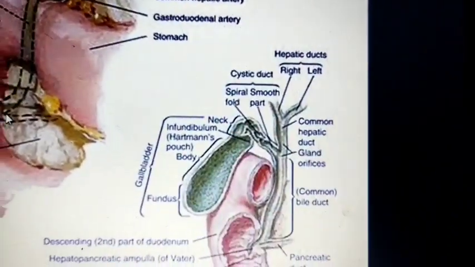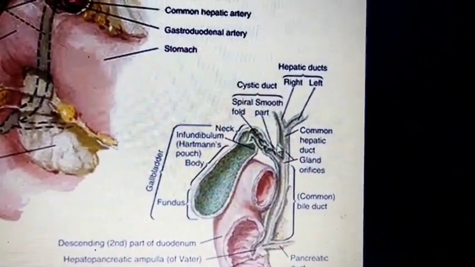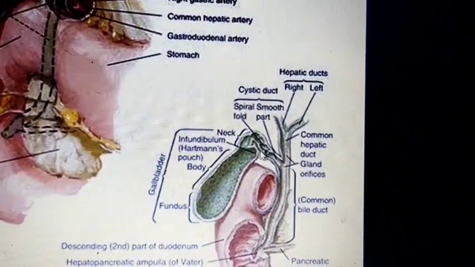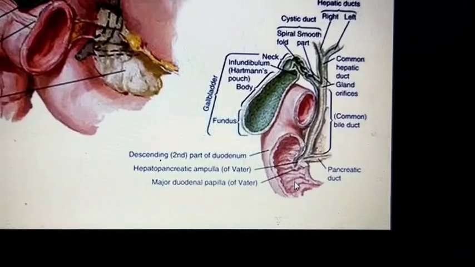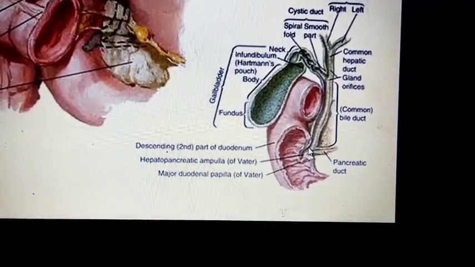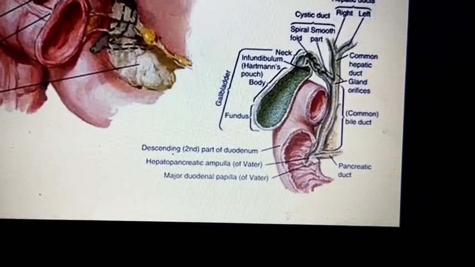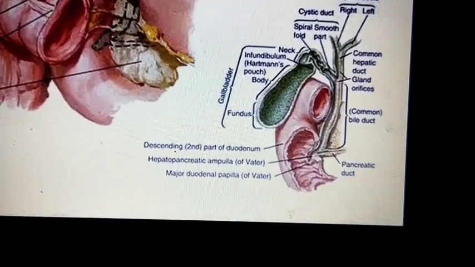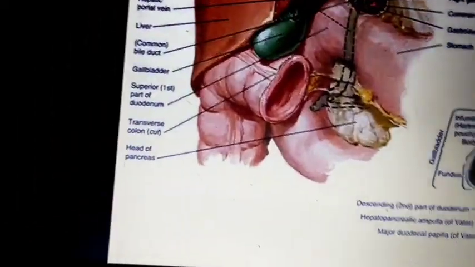You can see in this picture also, the right and left hepatic ducts, common hepatic duct, cystic duct, common bile duct and pancreatic duct join together to form the hepatopancreatic ampulla, or ampulla of Vater, which opens into the major papilla in the second part of the duodenum.